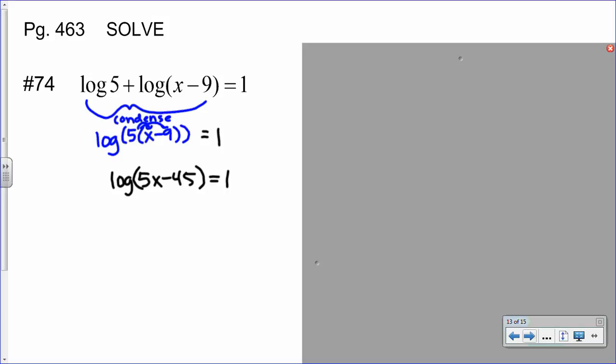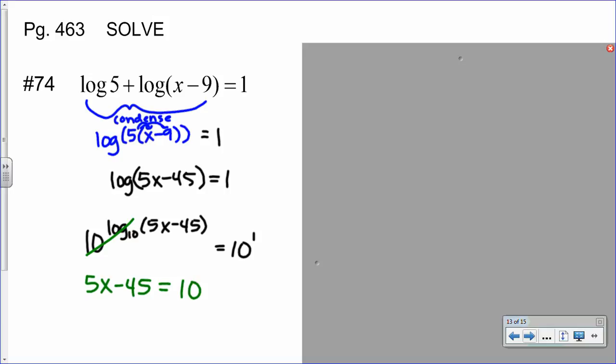Okay. It's log base 10, so I need to exponentiate. I'm going to put the little 10 here just so we can emphasize. That's why I picked 10. 10 to the first. So exponentiate both sides. I do that so this log base 10 will cancel. And now I can bring this exponent down. So it's 5x minus 45 equals 10 to the first, which is 10.